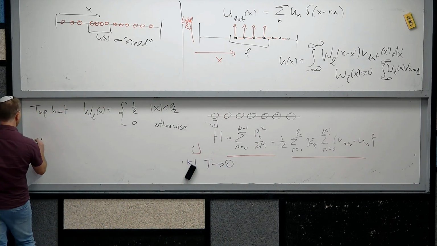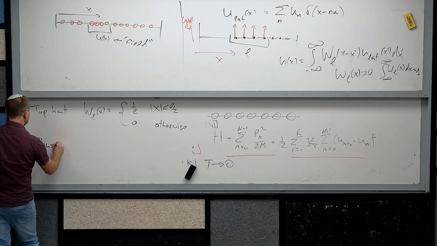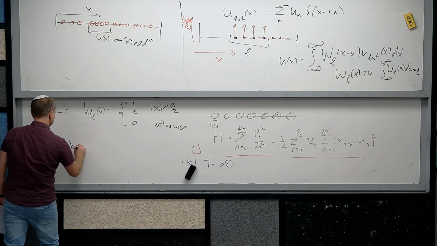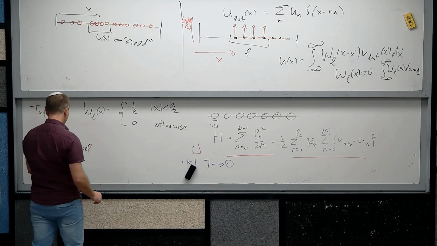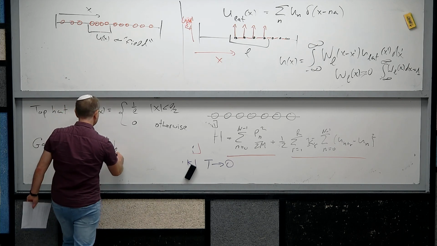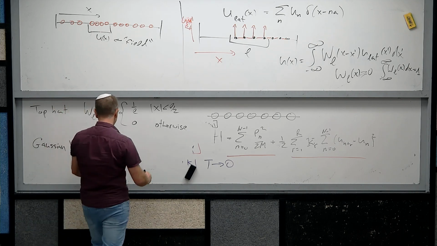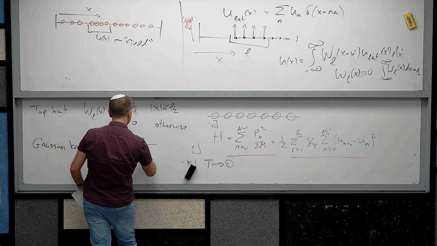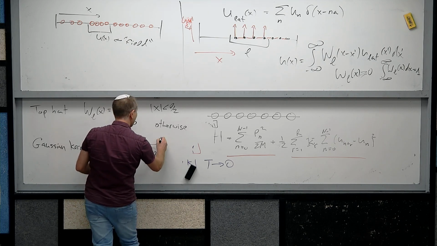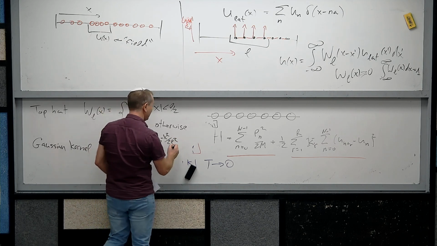Or I can do a different kind of averaging, right? I can do, for example, a Gaussian kernel. Okay, so for the Gaussian kernel, WL of x is going to be 1 over square root of 2 pi L, e to the power minus x squared divided by 2L squared.